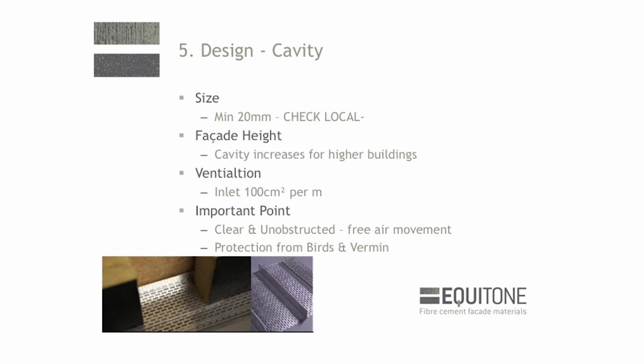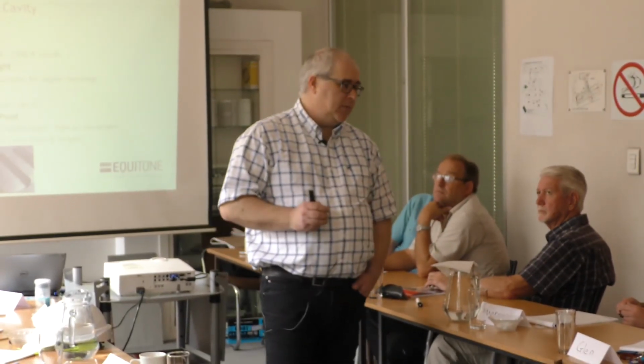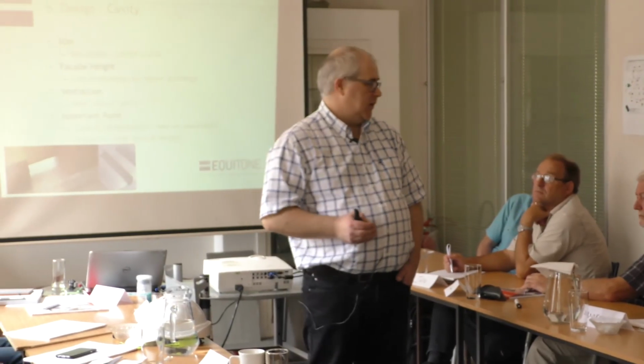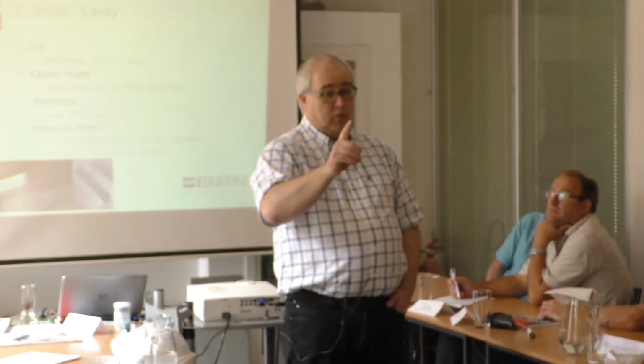Hornets, bees, spiders, whatever. Why don't they live in cavities? They do, you're correct. If you ever get a call, somebody complaining about spiders, bees' nests or hornets' nests, whatever in the cavity, you have a much bigger problem than the poor bees, hornets or spiders. Basically what it means is that the ventilation system is not working. Somebody has blocked it off at the bottom or somebody has blocked it off at the top.